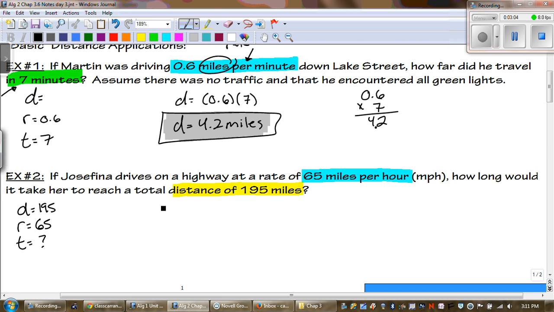Our distance equals rate times time, so 195 equals 65t. To figure that out, we would want to divide by 65. 195 divided by 65, that is?